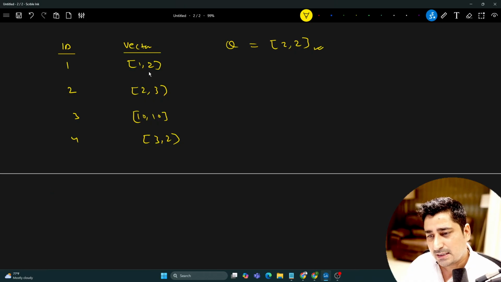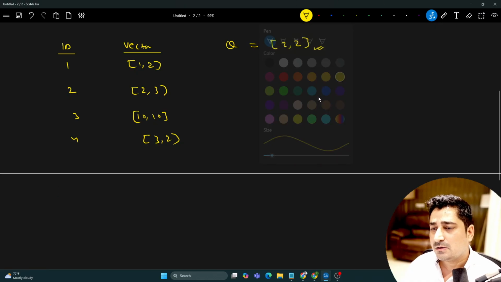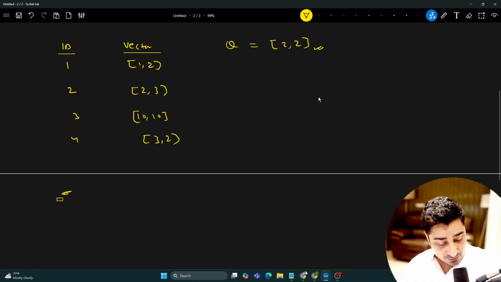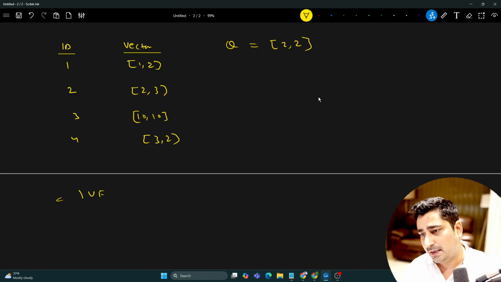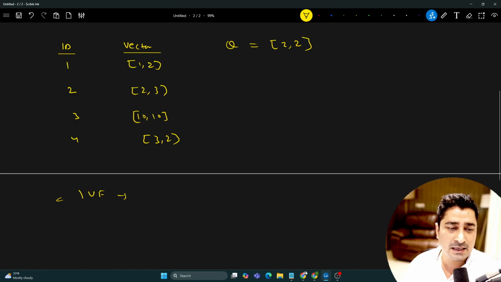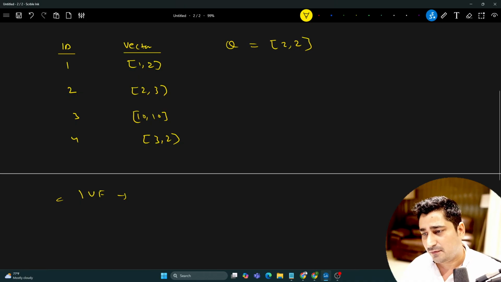There is something called an IVF index. It is going to create an IVF index. Now, what is this IVF index, by the way? If I talk about the full form, it's nothing but inverted file index. It's called inverted file index.